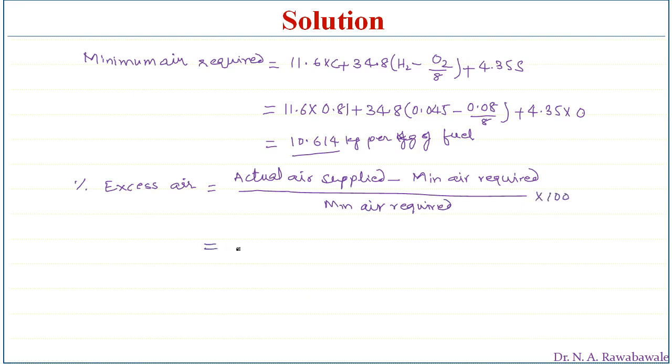So actual air supplied is 20.15, minimum air required is 10.614, whole divided by 10.614 into 100. So this will be 89.8% of excess air supplied in this case.